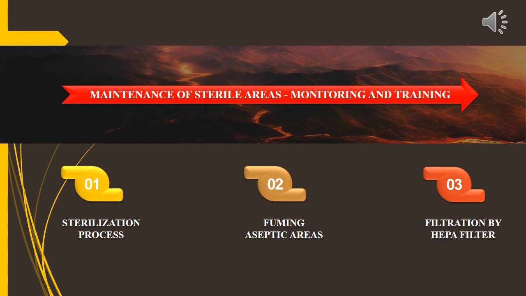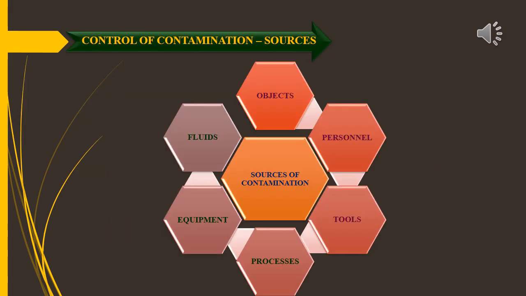Then filtration by HEPA filter, high efficiency particulate air filter, used in the aseptic area. These are important processes of maintaining sterile areas. So with the last slide, we have completed discussing utilities and maintenance of sterile areas.